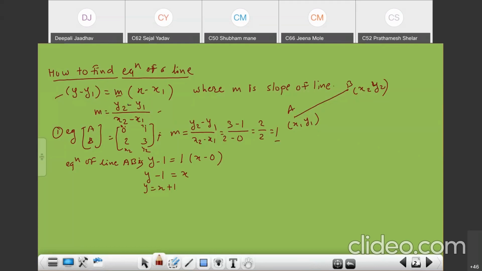What is this plus 1? It is the y-intercept. Y is equal to x plus 1, where 1 is the y-intercept. Is it clear?